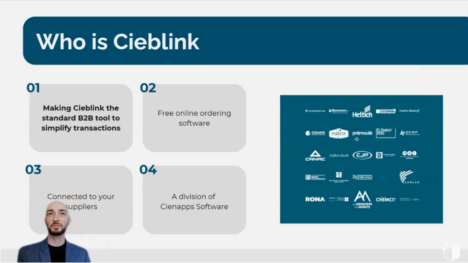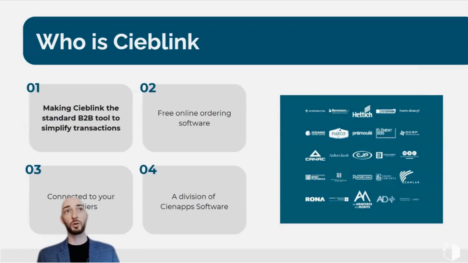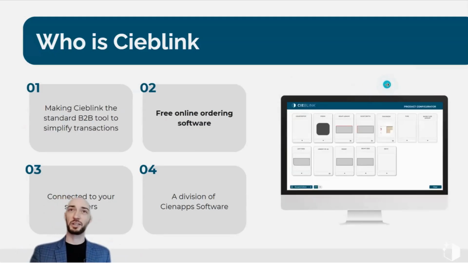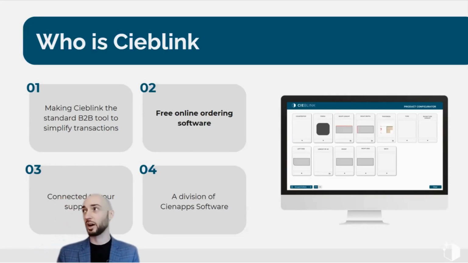So who is Cieblink? It's a B2B tool that simplifies the transaction process. It's also a free online ordering tool. Yes, it's really free. You can go on the platform and make your purchases at any given time of the day or night if you're a little bit of a workaholic.